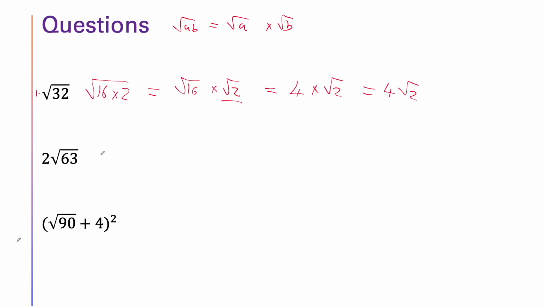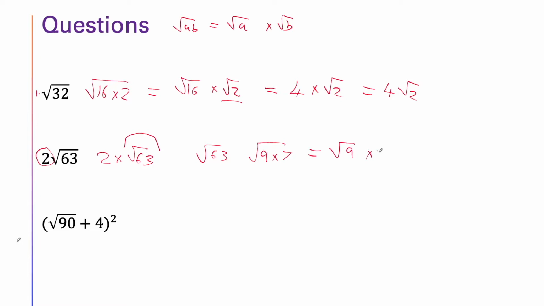Next question. 2 times root 63. Now this question may seem different, but this just means 2 times root 63. Now let's simplify root 63. Root 63 can be written as root 9 times 7, as 9 times 7 is equal to 63.